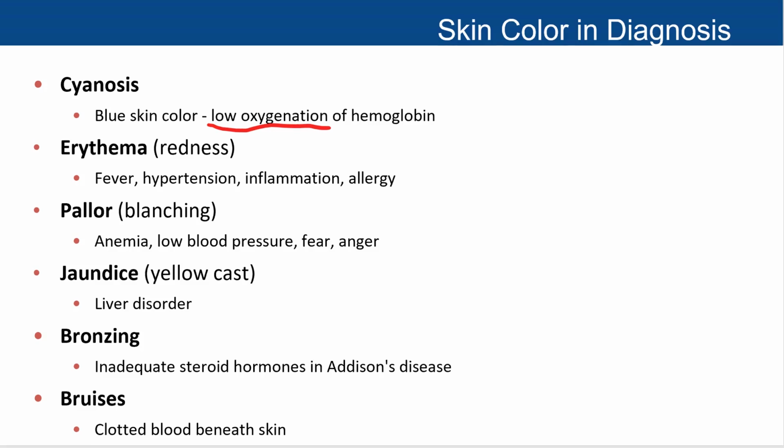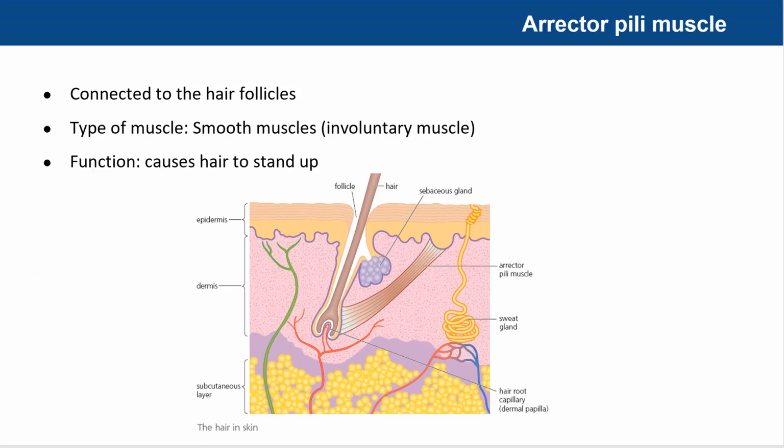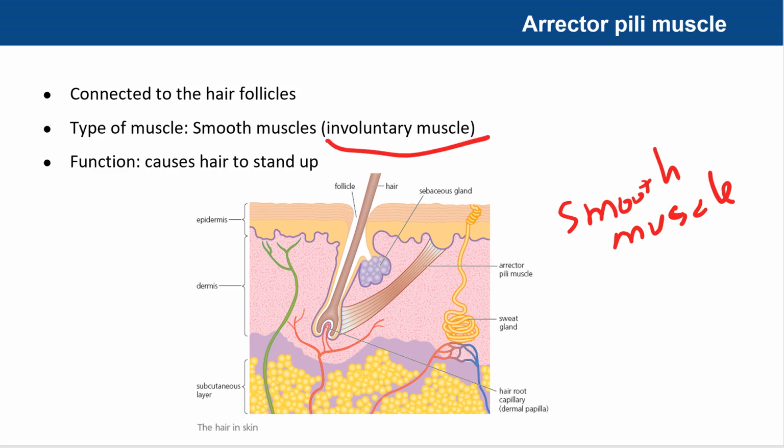The next topic is the arrector pili muscle, which can be found in the dermis layer of our skin. The arrector pili muscles are smooth muscle, which means these muscles are involuntary muscles. It means they are not under our control.